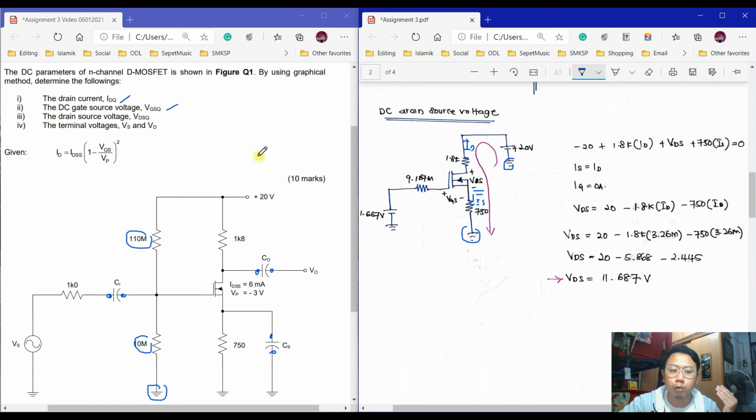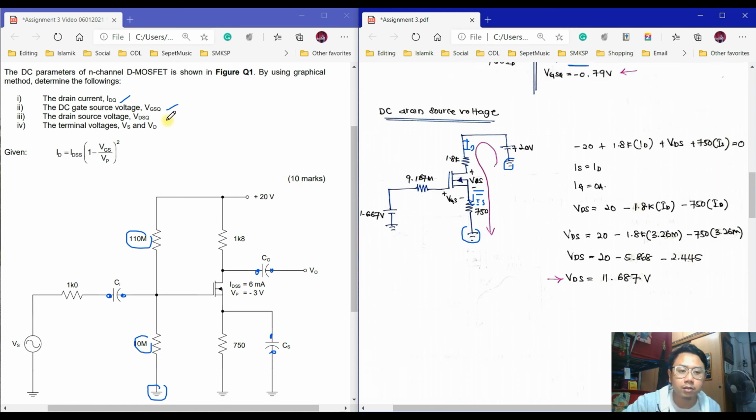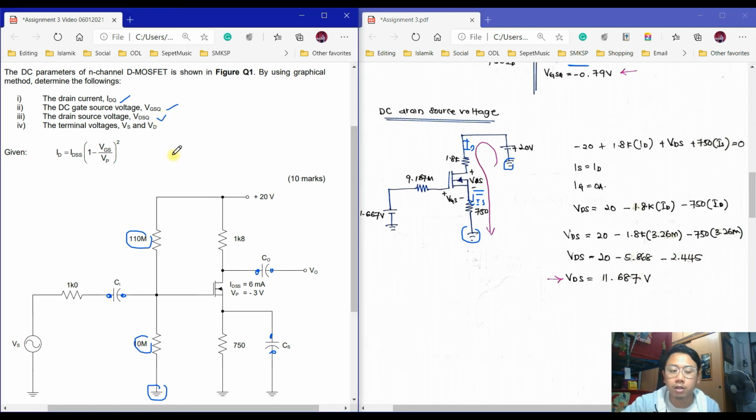And then we have already done question number 3, which is to find the drain source voltage VDSQ. And then let's go to the last question, which is question number 4, to find the terminal voltages Vs and Vd.